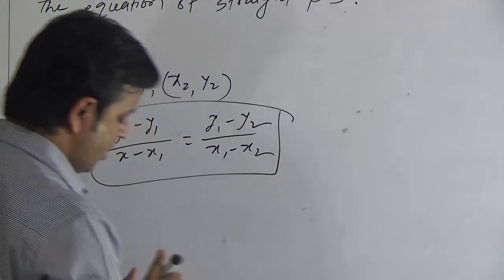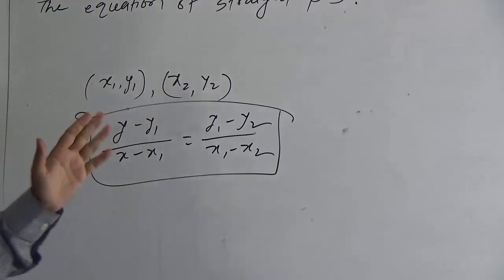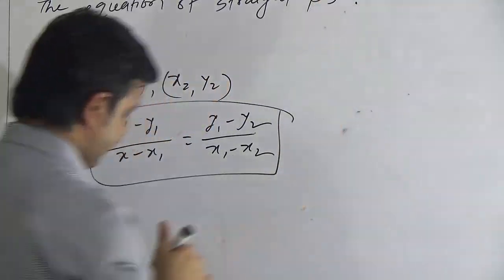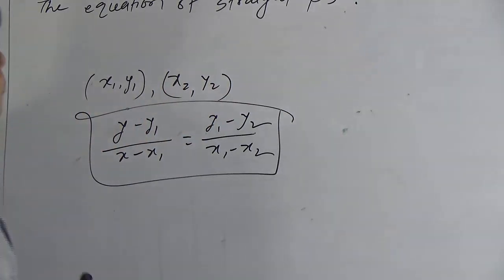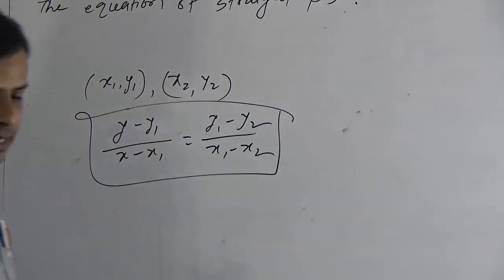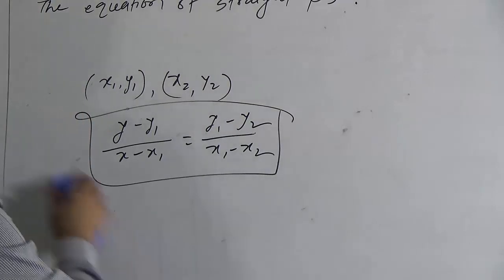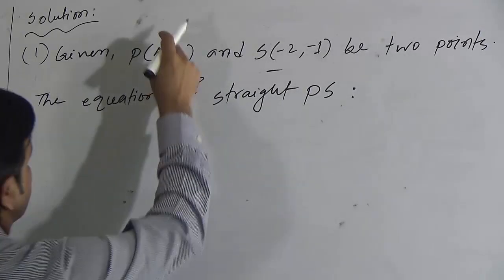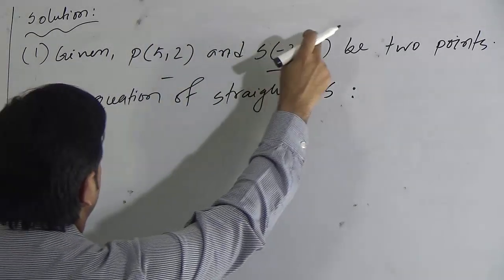Using this formula we can determine the equation of straight line PS. As points P and S are given, it means 2 points are given. So we can determine the equation using this formula. This is x1, y1 and x2, y2.